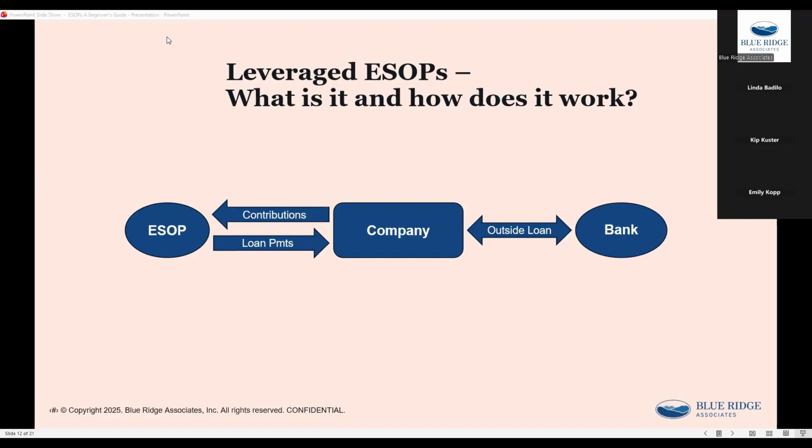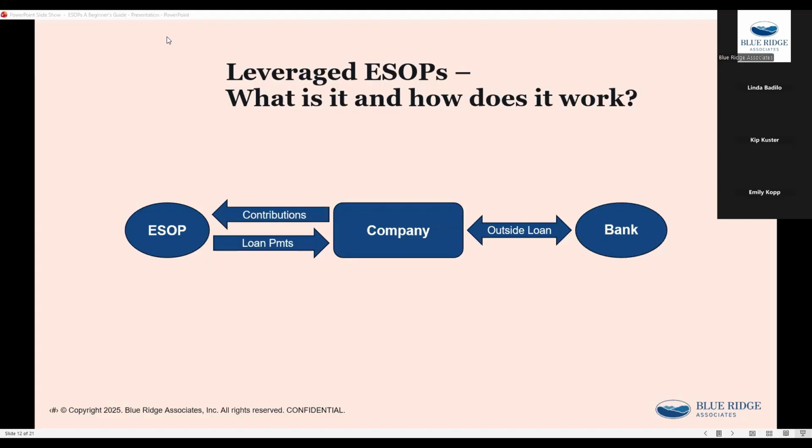There are loan payments, just like any loan, just like your car loan, your house loan. It's amortized, and as Emily was talking about, the ESOP has the obligation as the borrower to make timely loan payments back to the company. But there's nothing but stock in the ESOP.